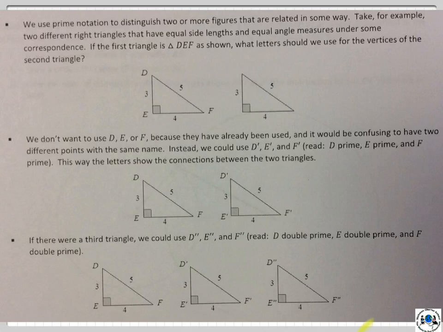The next thing I wanted to talk about, which I have in my teacher notes, is these different notations. Prime notations are used to distinguish two or more figures that are related in some way. Take, for example, two different right triangles that have equal side lengths and equal angle measurements under some correspondence.